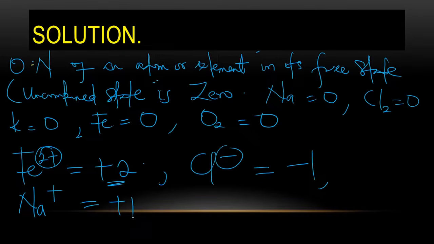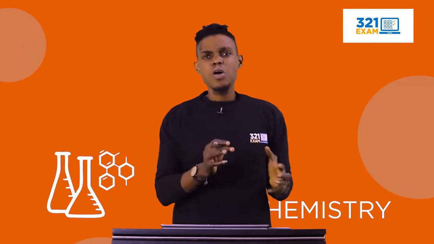So the charge of an atom or an ion has the same size as the oxidation number. I just gave you an example. We also have the charge of a compound.